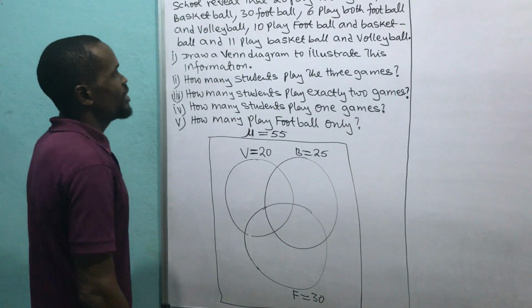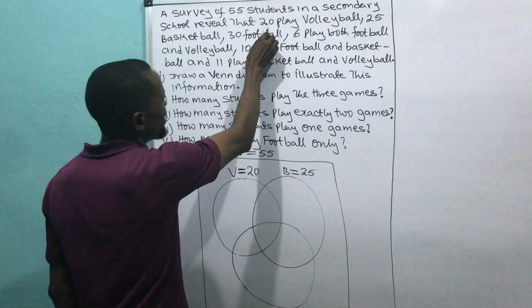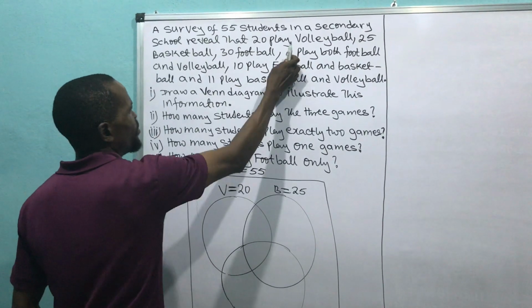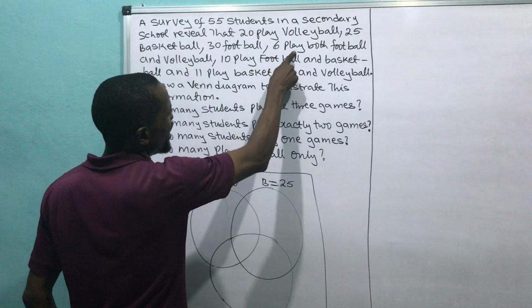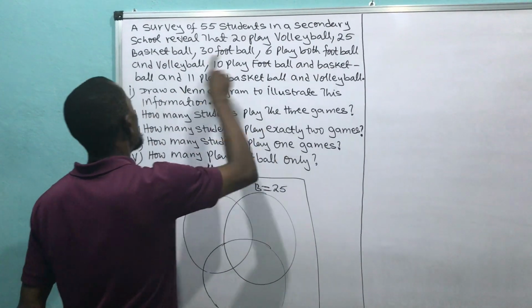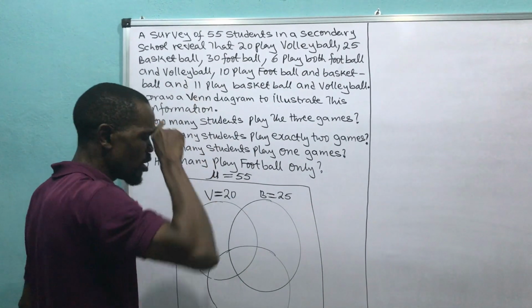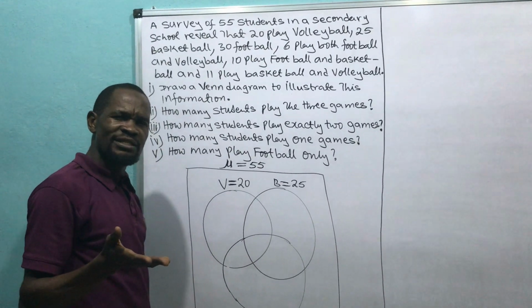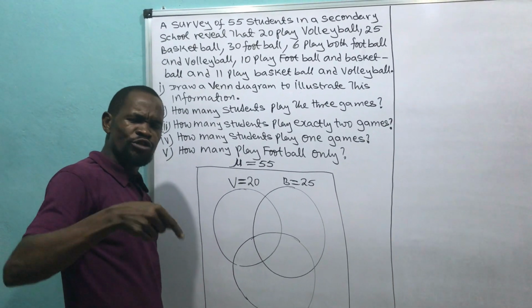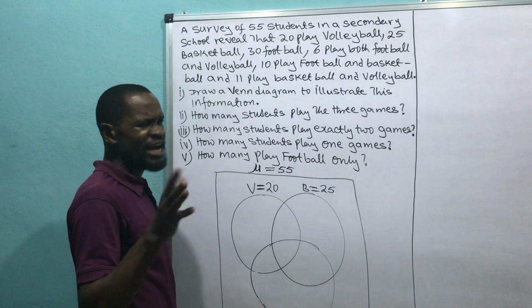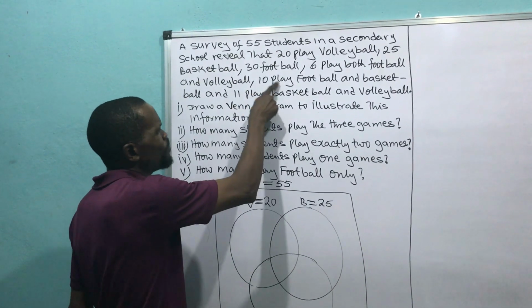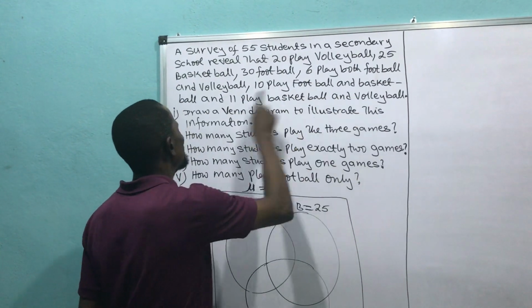So I have represented this and this and this. Coming to this, watch what they said. They said 6 play both football and volleyball. Did they put only there? No. They said again, 10 play football and basketball.